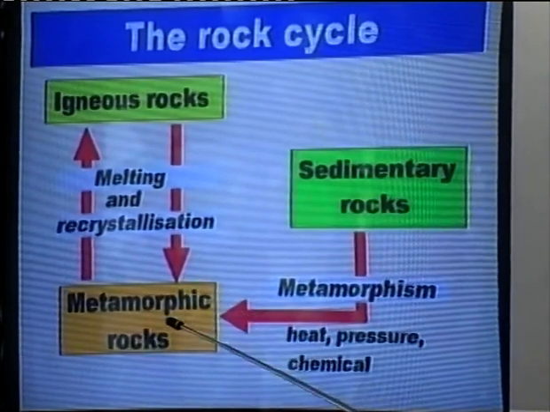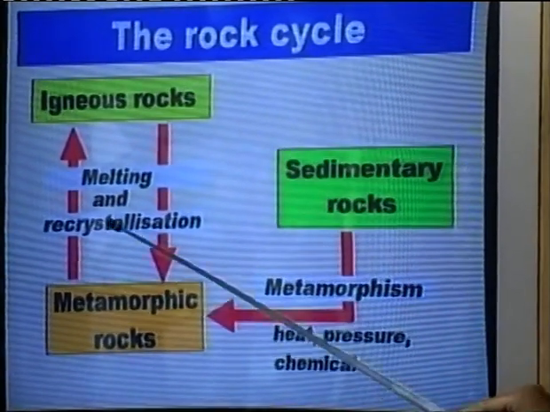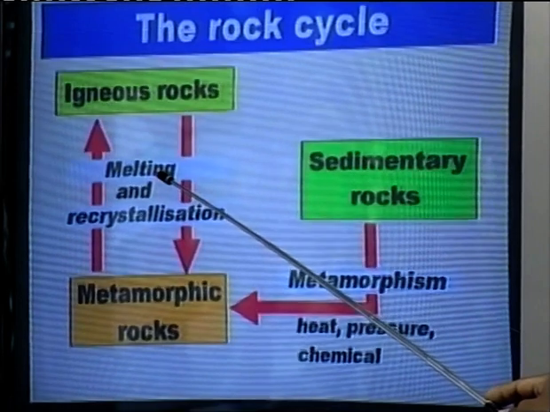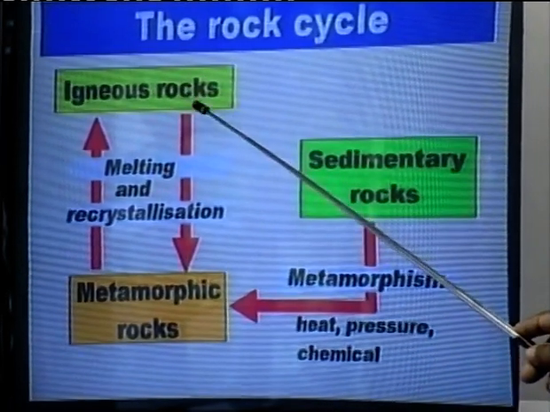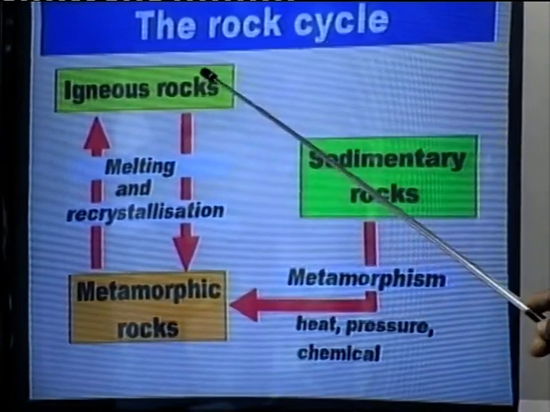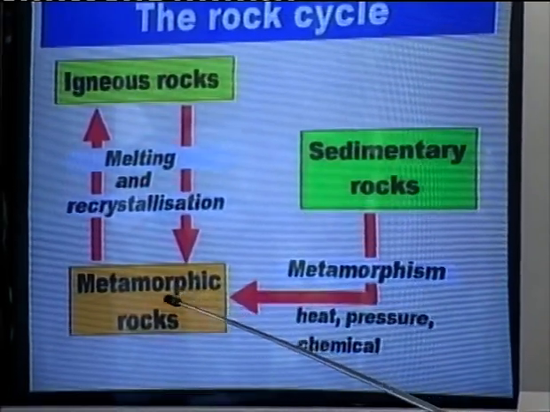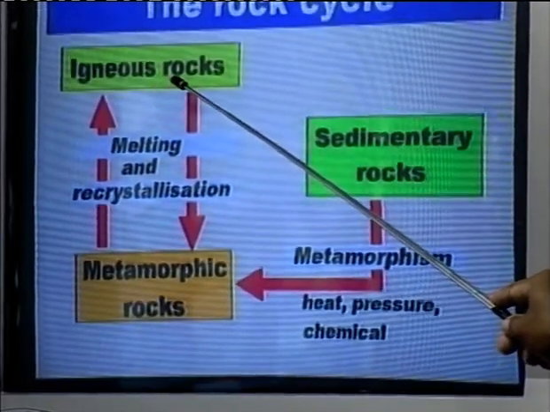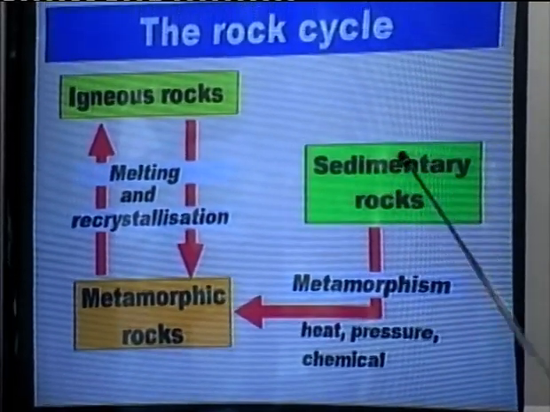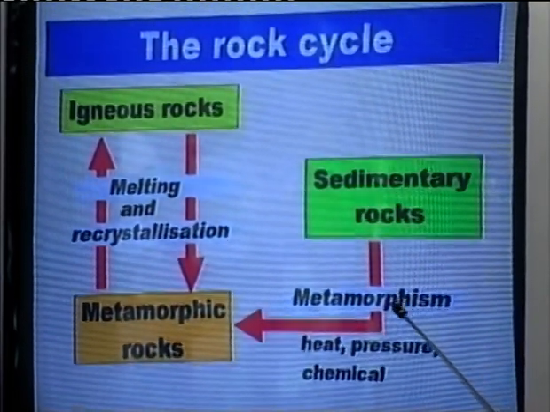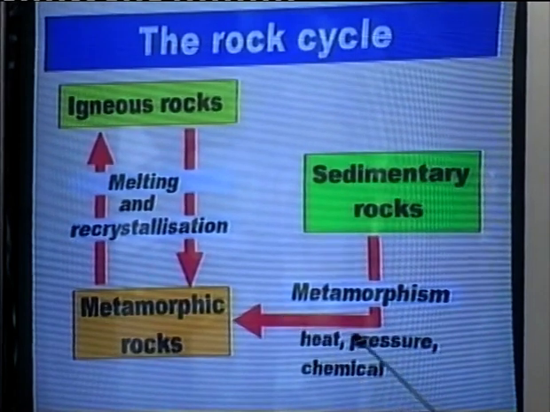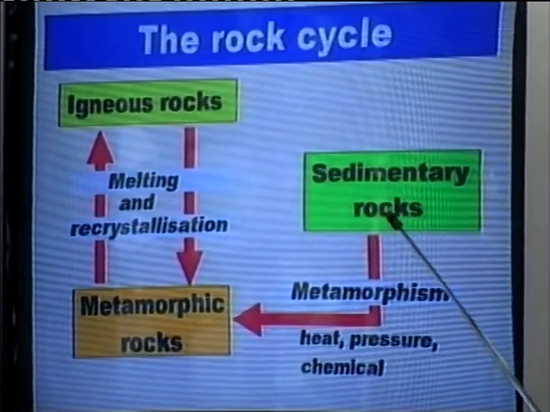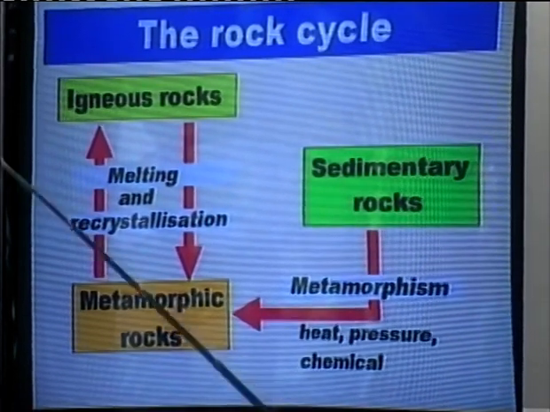For metamorphic rocks to change to igneous, they would have to go through the process of melting. So the arrows here indicate the recrystallizing of igneous to metamorphic and the melting of metamorphic rocks to igneous. But that's not all. Sedimentary rocks go through the process of metamorphism under great heat and pressure. Then they can change to metamorphic rocks.